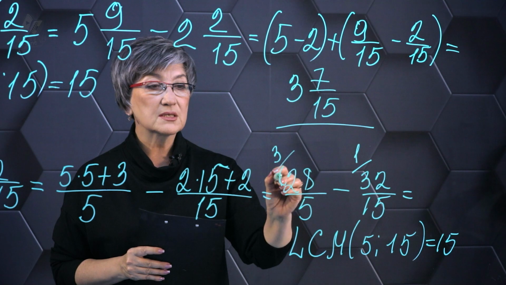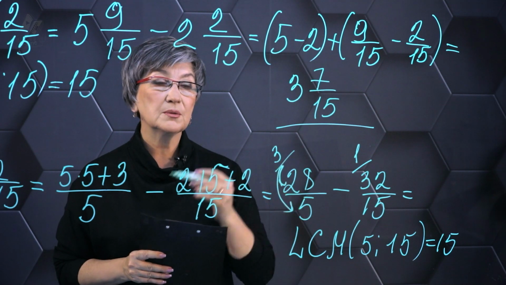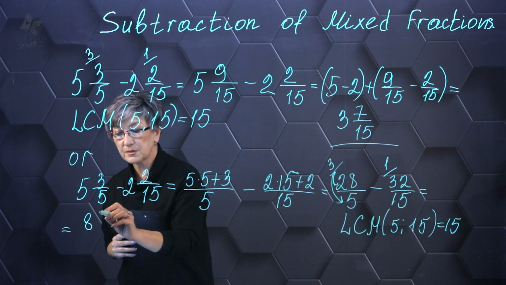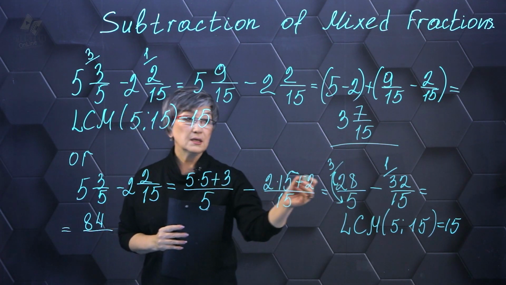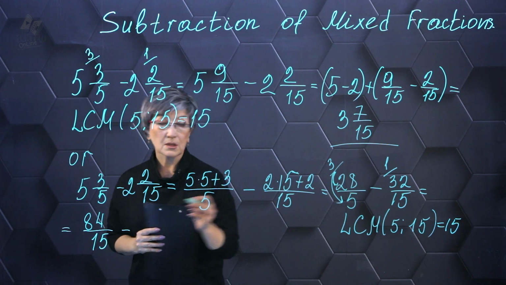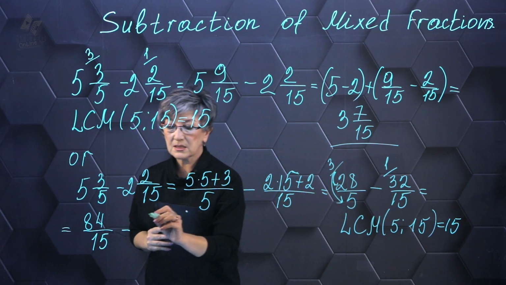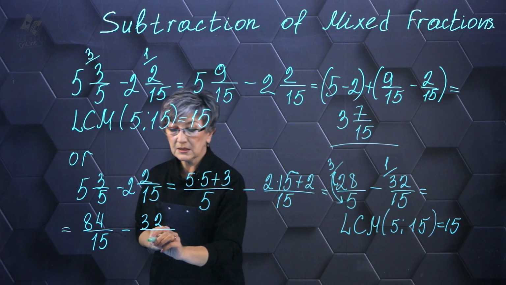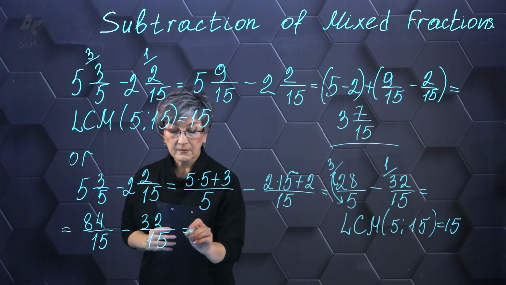Again, I multiply 3 by 28, and 3 I multiply by 15. 3 groups of 28 each add up to a combined total of 84. 3 I multiply by 5 is 15. Minus 1 I multiply by 32, it will be 32. When I multiply a number by 15, the result is always 15.